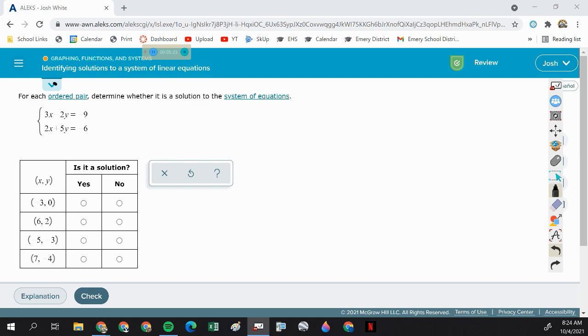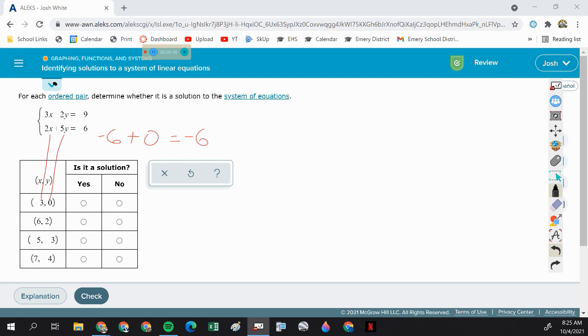Plug it in. So we put a 0 in for y and a negative 3 in for x. So 2 times negative 3 would be negative 6 plus 0 is negative 6. Does that mean negative 3, 0 is a solution? Well, just to the one equation.